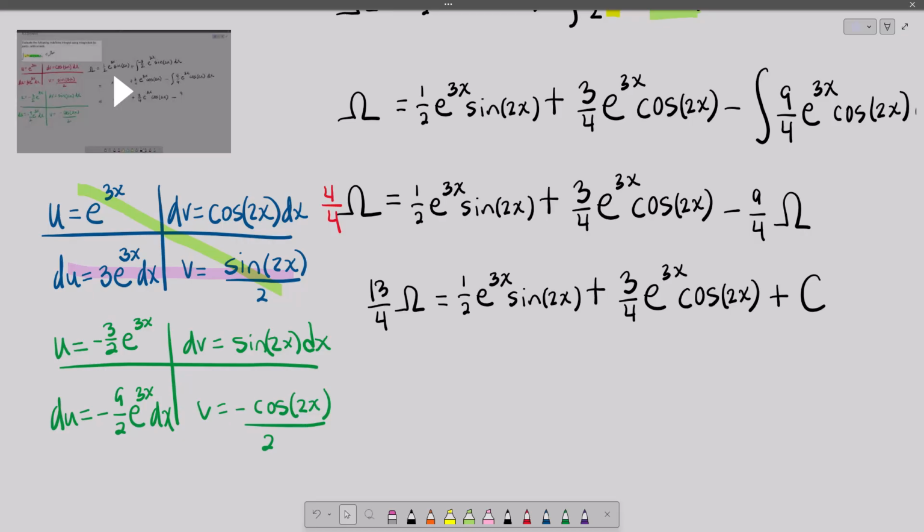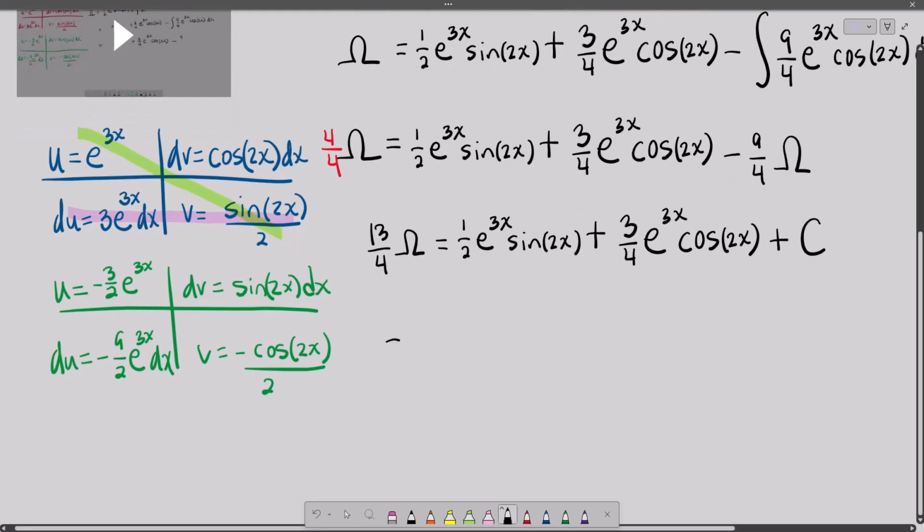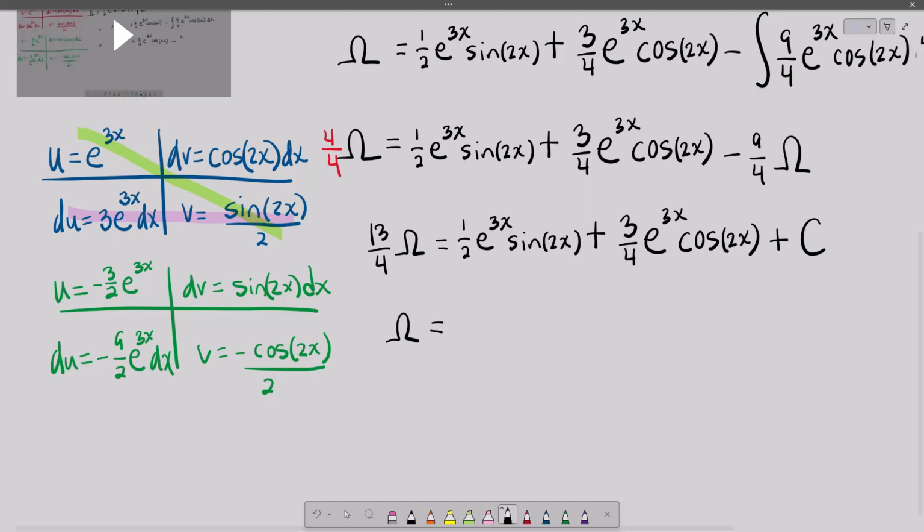And what is our final step here then? Multiply it by 13. Multiply by the reciprocal. Divide by 13/4 or multiply by 4/13. Yeah. Good. Thanks. So multiply by 4/13 because 4/13 times 13/4 is 1.